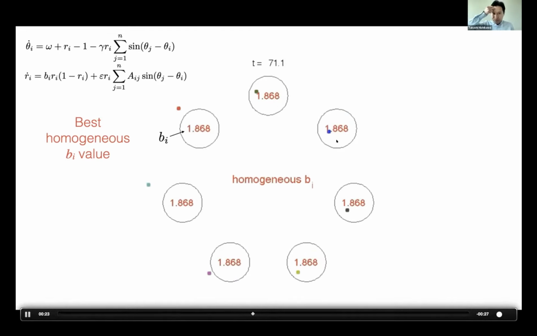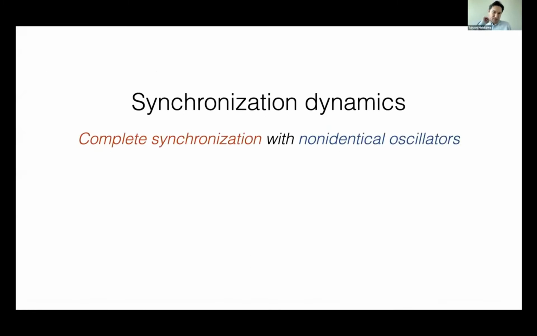But if you adjust those values to a suitable heterogeneous combination across the oscillators, you see that they quickly synchronize again. So this is the kind of phenomenon that I'm talking about.